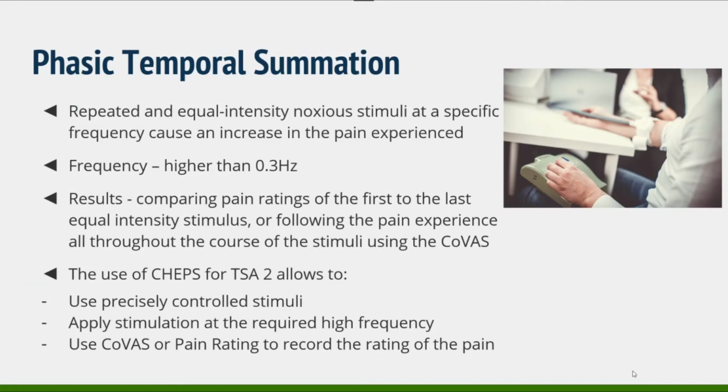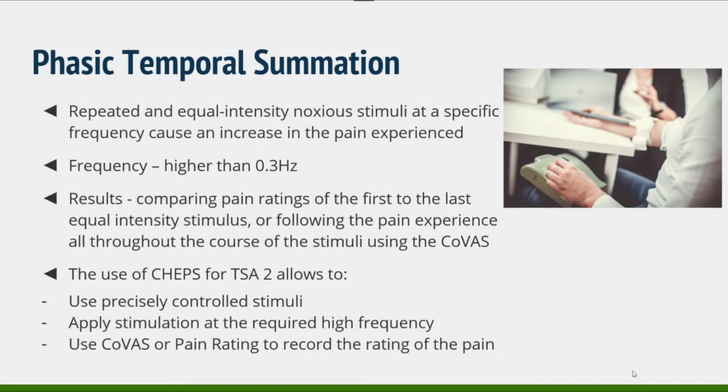Or if you're using a very nice Medoc COVAS accessory that connects to the same software, you can have your patient or subject rating his or her pain continuously through all the series of the stimulation, and you can see the increase in the pain in a more continuous, less digital way. And I will show you how it looks.